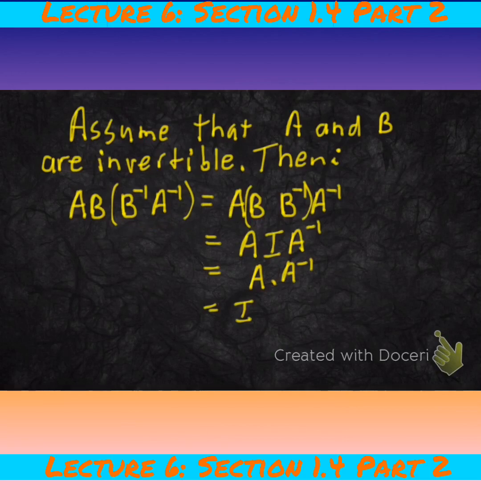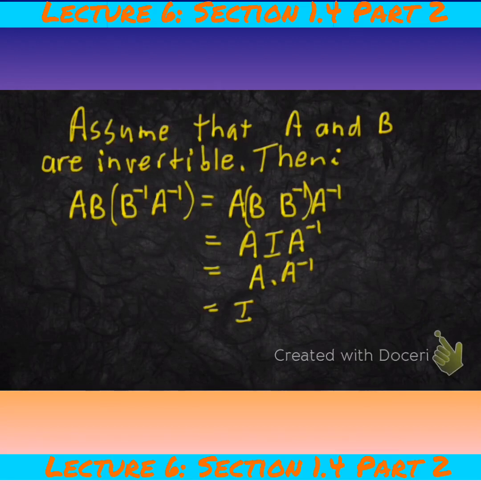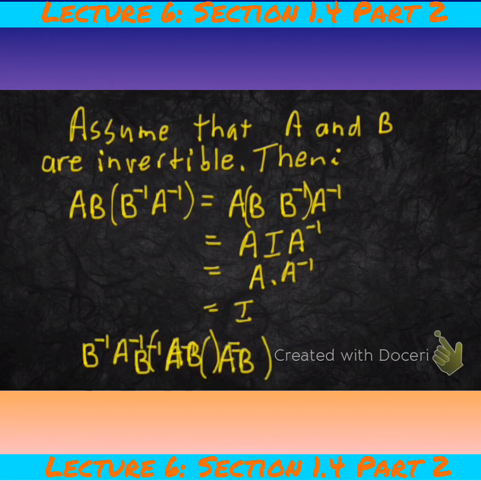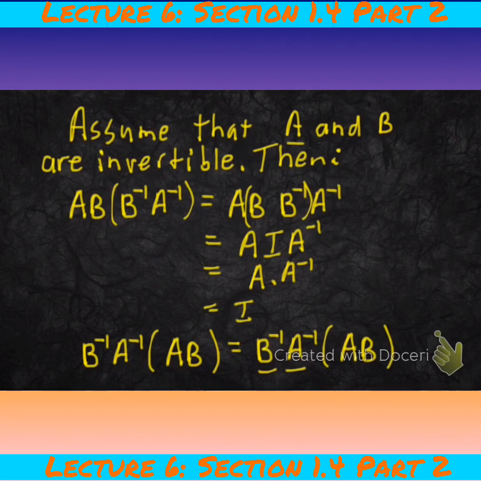I also need to check the other way around. To establish that that is in fact the inverse of A times B, we need to check that it holds the other way around as well. So you take the matrix B inverse A inverse, and multiply it on the left-hand side with AB, and see what happens there. Remember, I can write B inverse A inverse here because I'm given that A and B are invertible, so I can write that minus sign there.